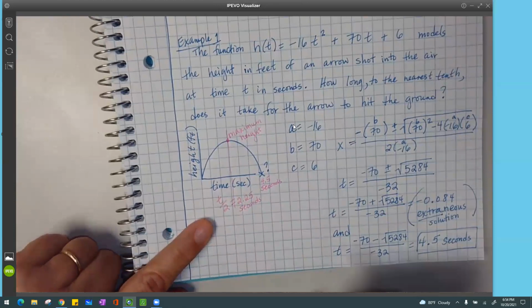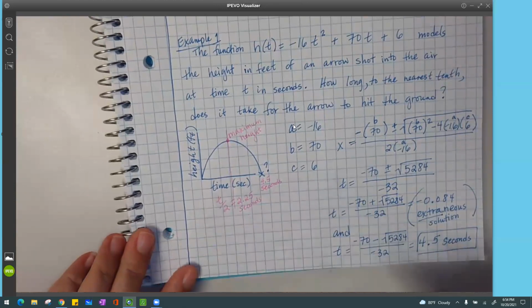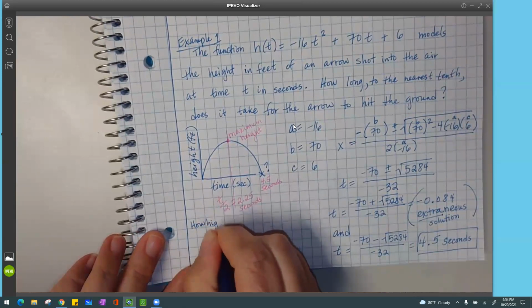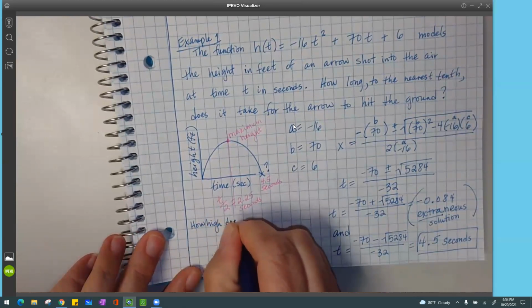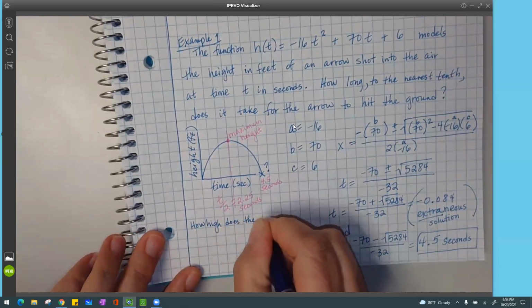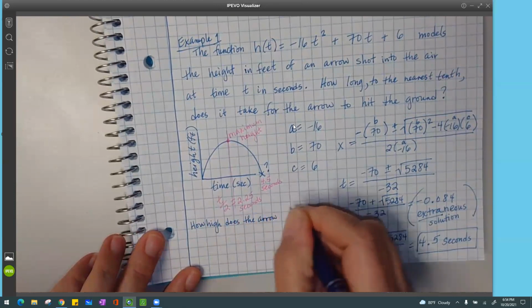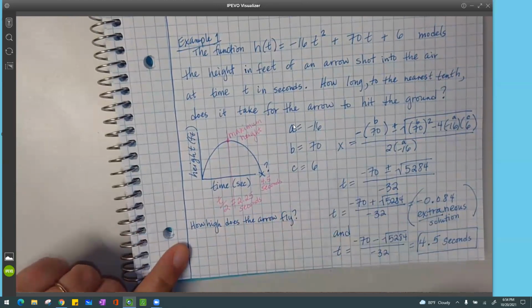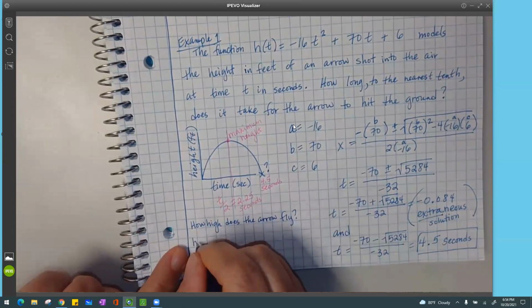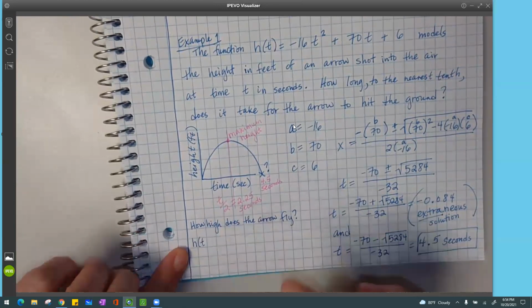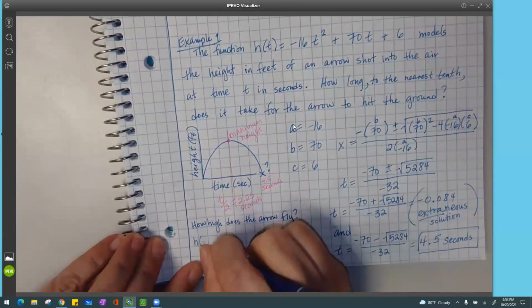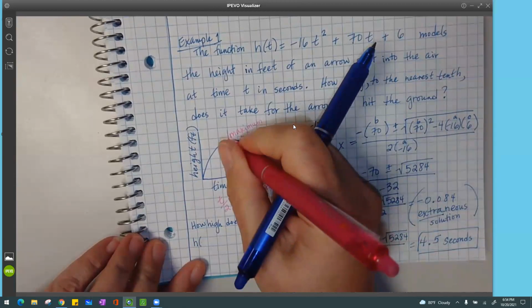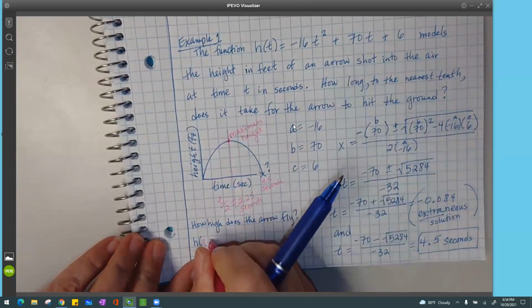So to answer a follow-up question, how high does the arrow fly? I would write my equation down and I would substitute for time, the time at the maximum point, 2.25.